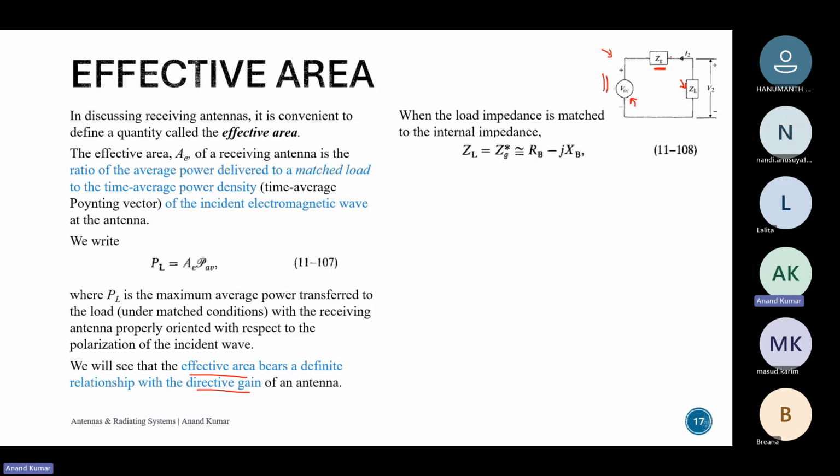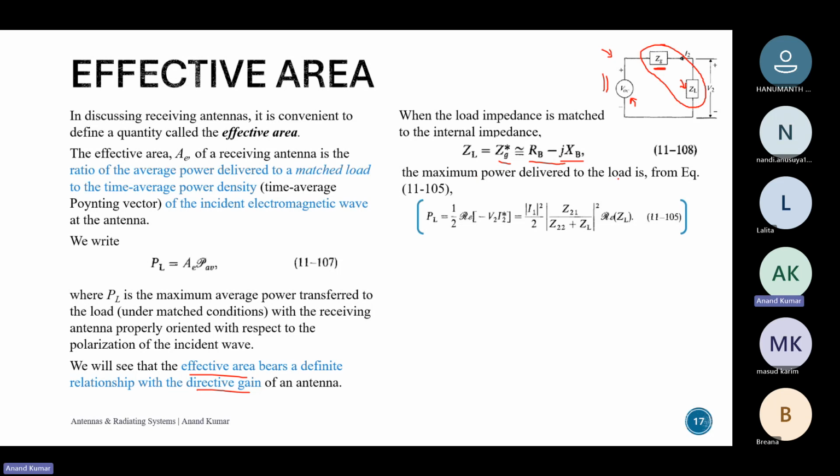So for the maximum power transfer, the load impedance must be equal to the complex conjugate of the generator impedance, and let us say they are RB and jXB. So the maximum power delivered to the load, from this particular equation that we derived in the last class, these are complex conjugates, right?